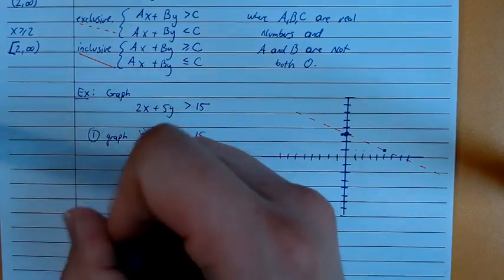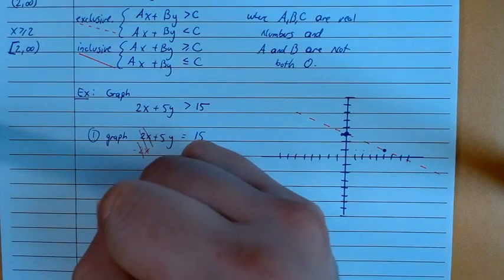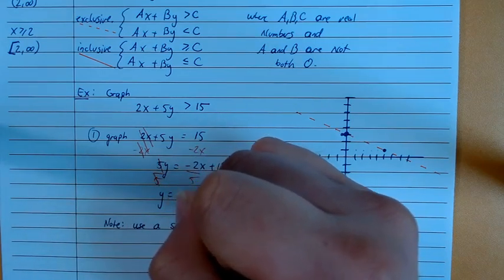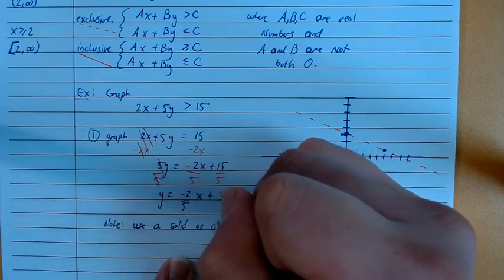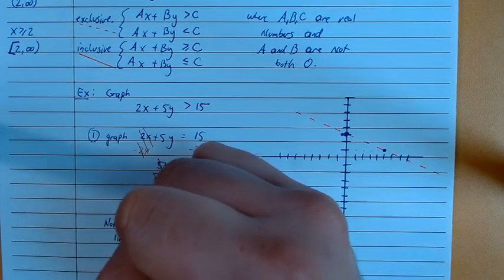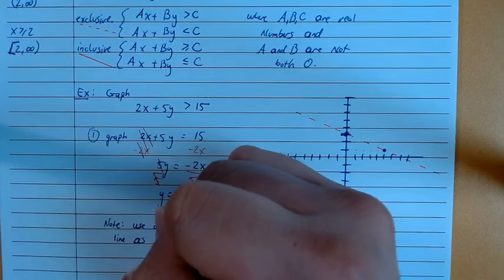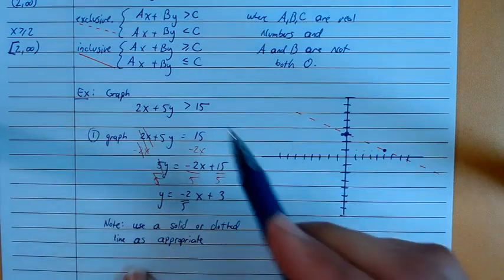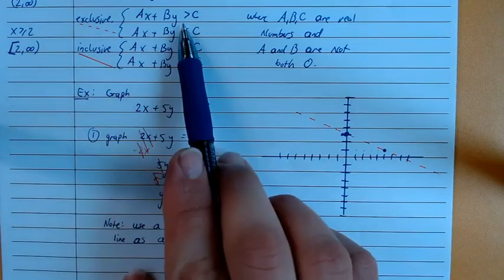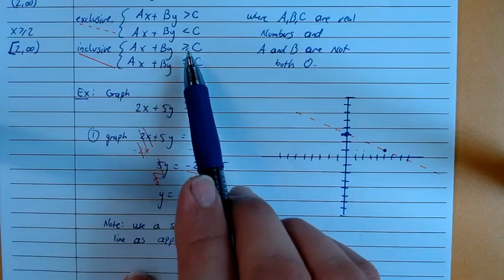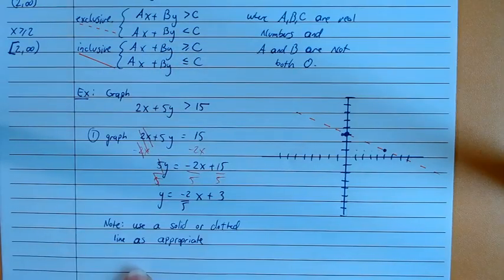And here, just as a note, use a solid or dotted line as appropriate. Again, exclusive, use a dotted line, greater than or less than. Inclusive, use a solid line, greater than or equal to, less than or equal to.